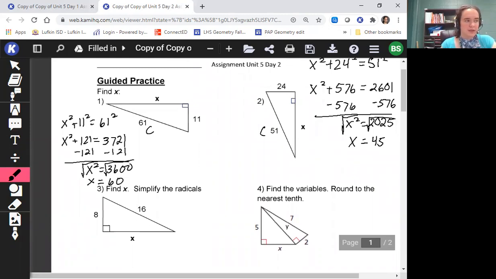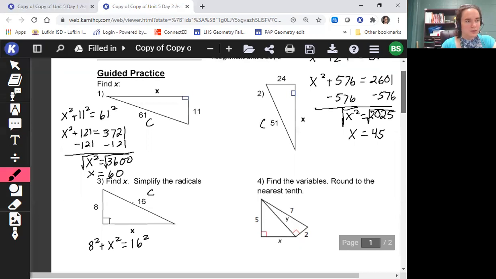Our next one, doing the same thing, we want to find x using Pythagorean theorem. So across from our right angle is our hypotenuse. And we have 8 squared plus x squared equaling 16 squared.